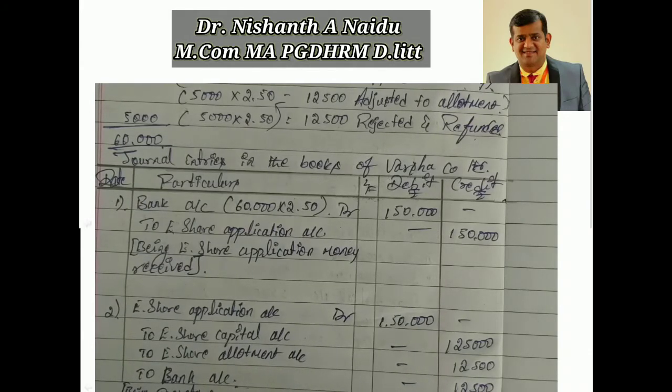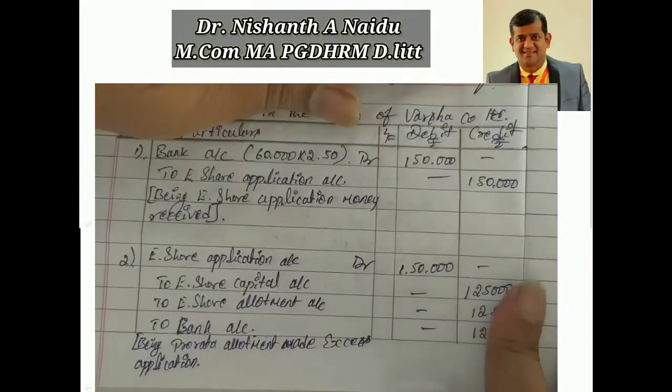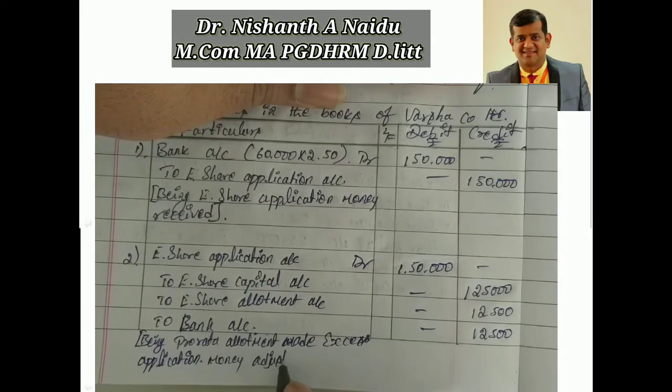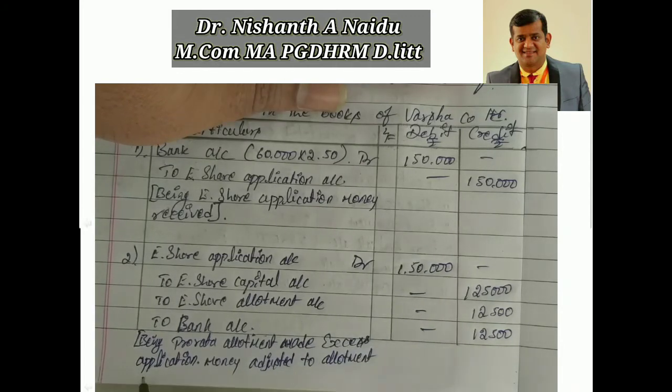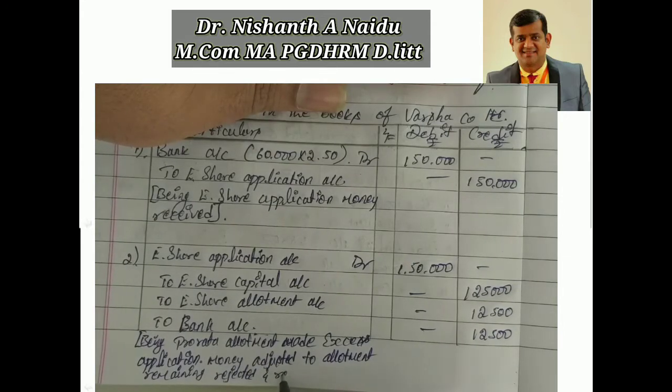So now write the narration: being prorata allotment made, excess application money adjusted to allotment, remaining rejected and refunded.